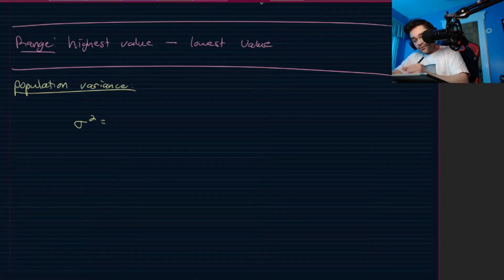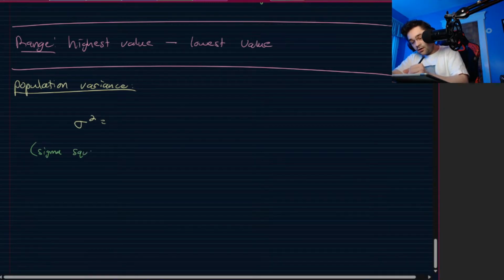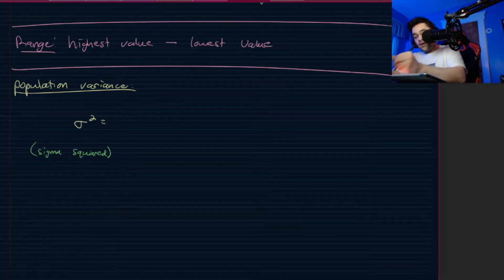I'll write it as sigma squared. So when you hear me say sigma, you know what symbol I'm referring to. And the formula, which you do need to memorize, so again, I'll put a star here.